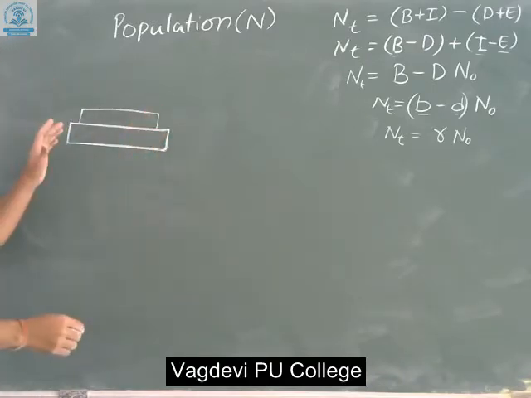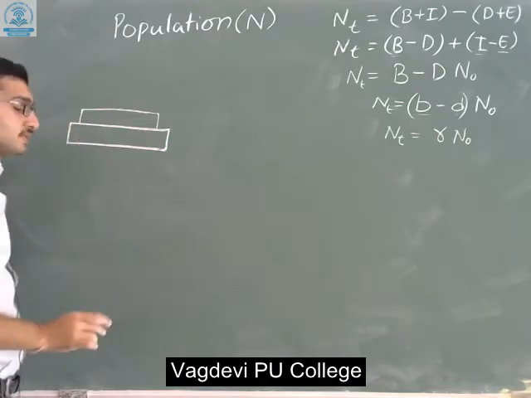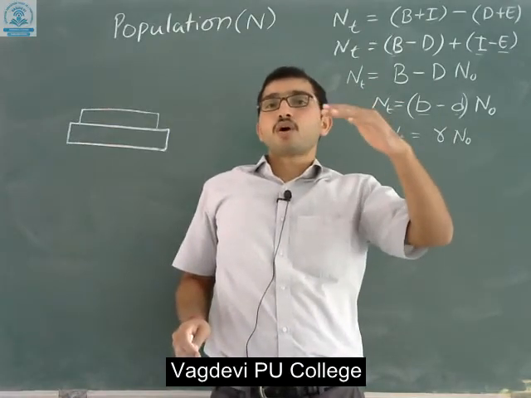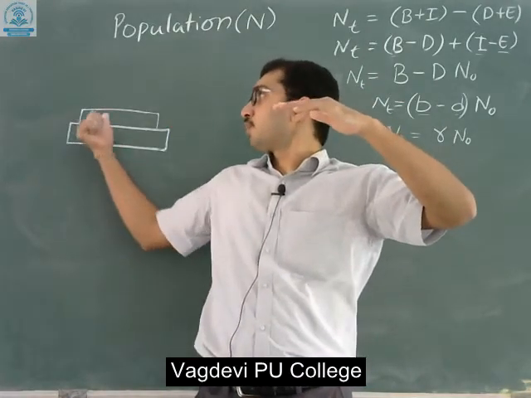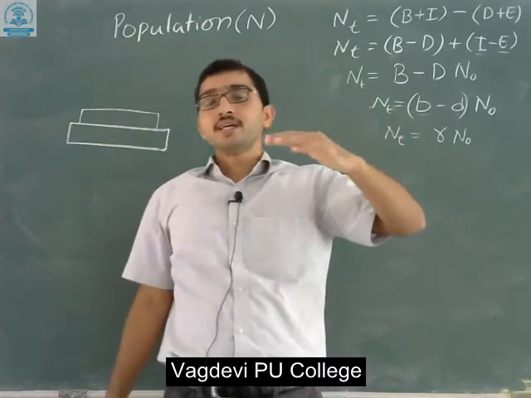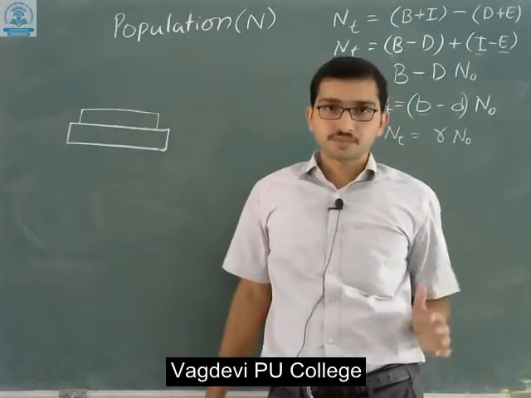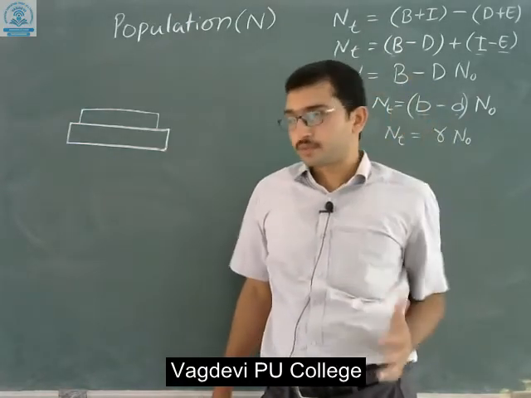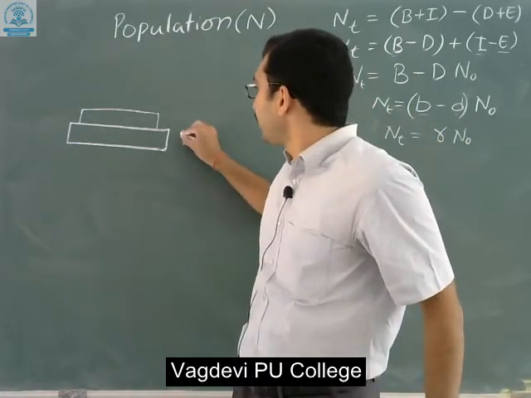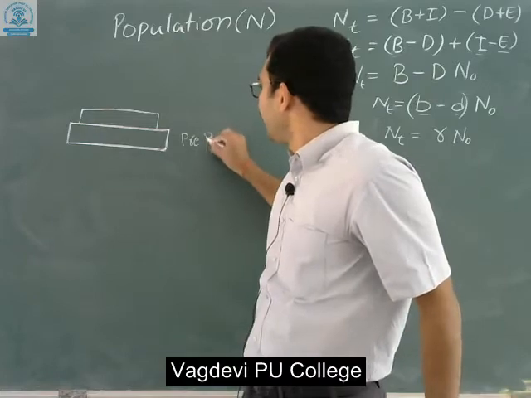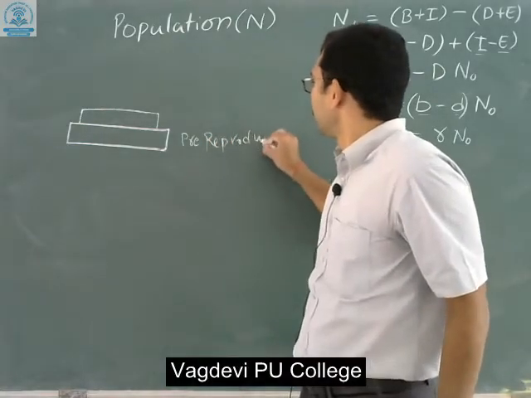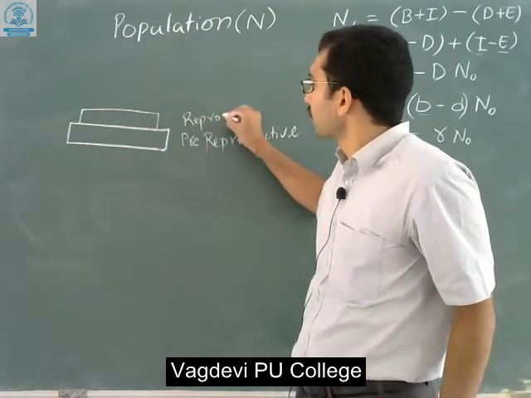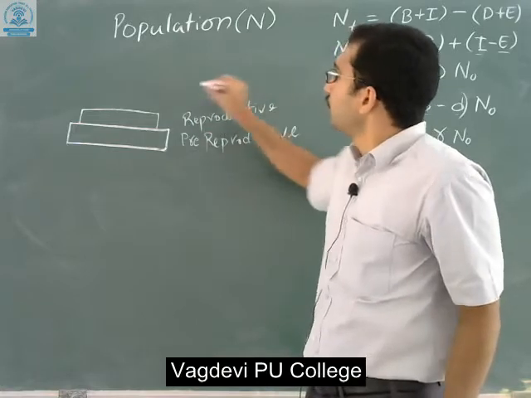Here we have to consider that each block of the cone pyramid is divided on the basis of age group: pre-reproductive, reproductive and post-reproductive.